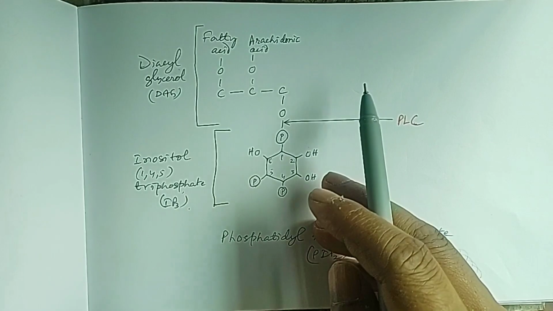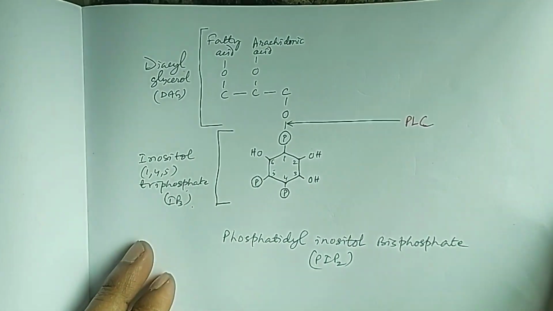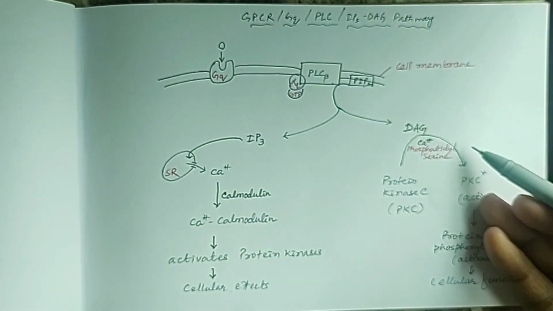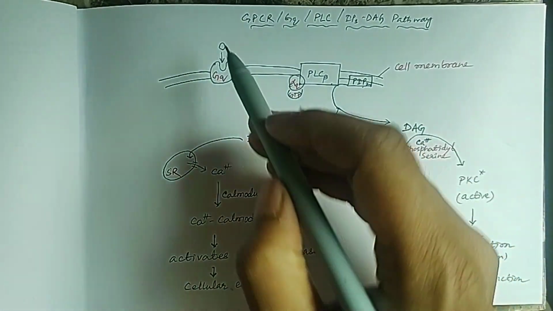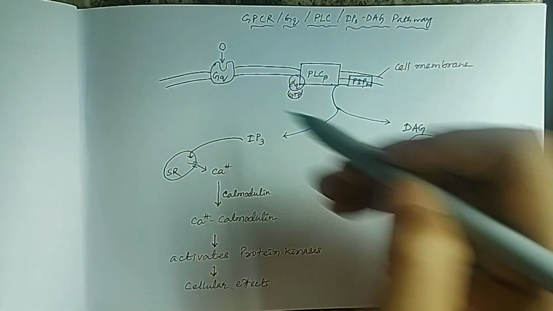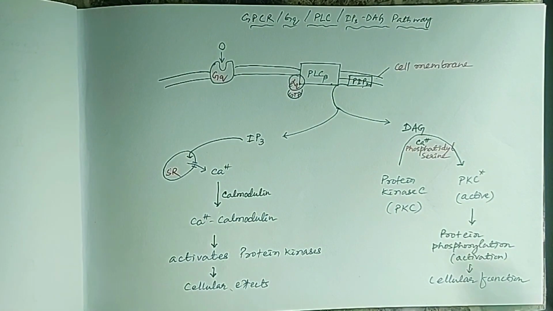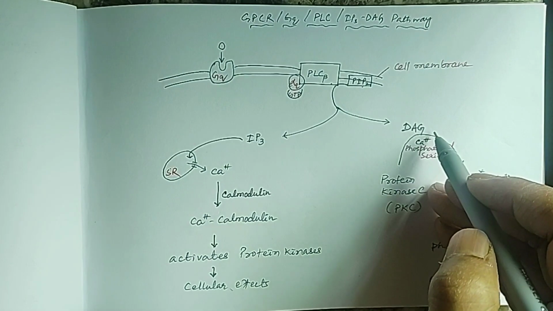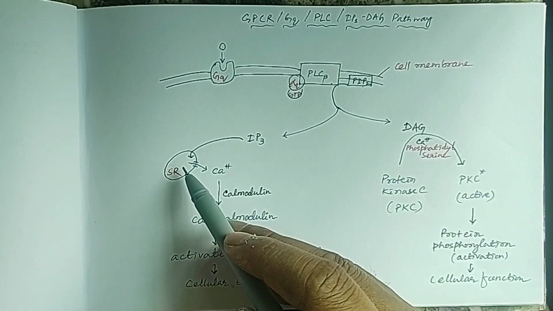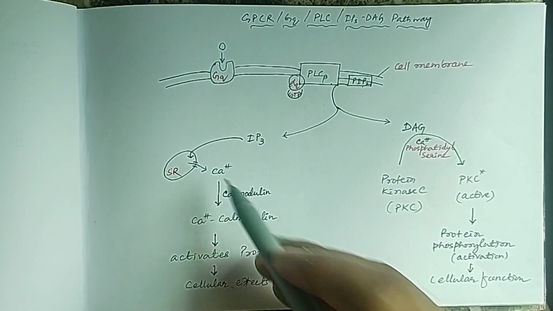IP3 and DAG we call the second messengers for this receptor. When the agonist binds to Gq type of G protein coupled receptor, IP3 and DAG are formed. These are the second messengers. IP3 acts on the sarcoplasmic reticulum to release calcium.